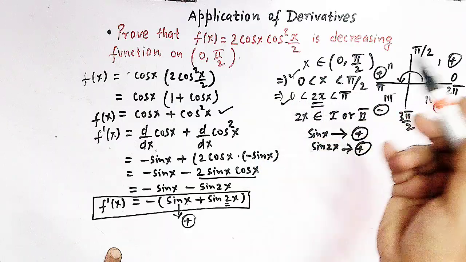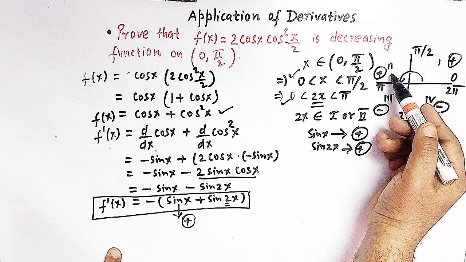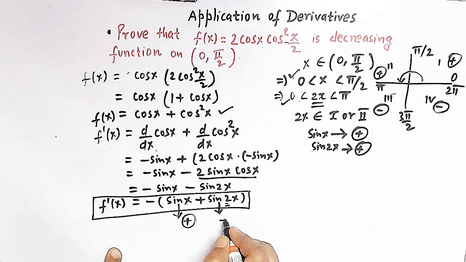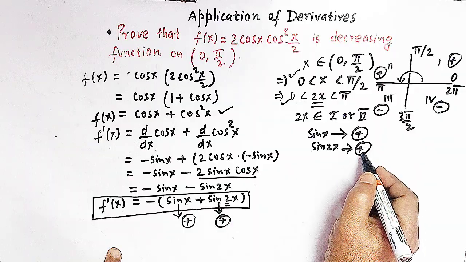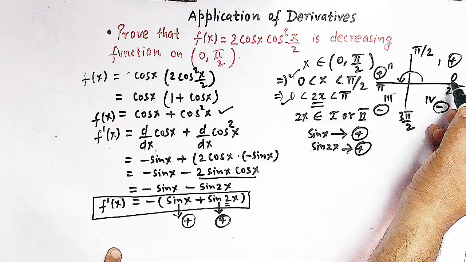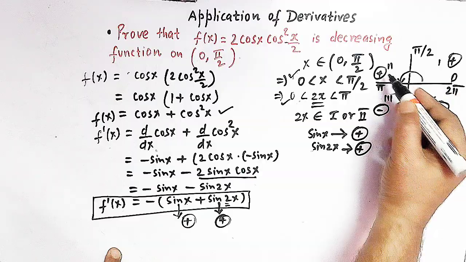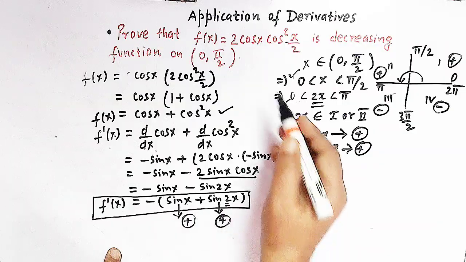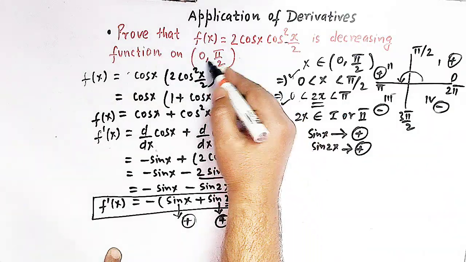So 2x belongs to either the first quadrant or the second quadrant. So sine 2x is again positive, because 2x lies in the interval that is 0 to pi. So here we have the sum of two positive numbers, right, for all x belonging to this interval.